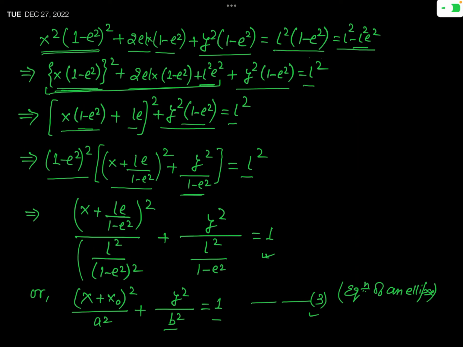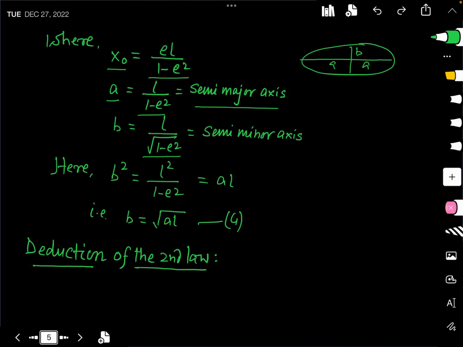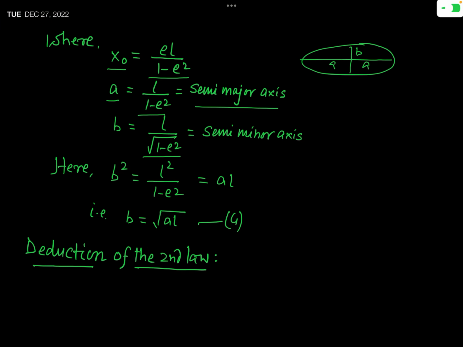And in the present case, the planet round the sun is at one focus, which is taken as the center of the coordinate system. So you can see that each planet moves in an ellipse with the sun at one of its foci. And in this way, you can see that the first law has been proved, according to which each and every planet moves in an elliptical orbit.